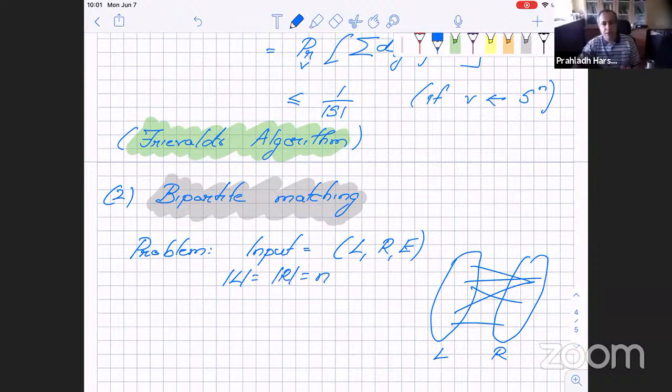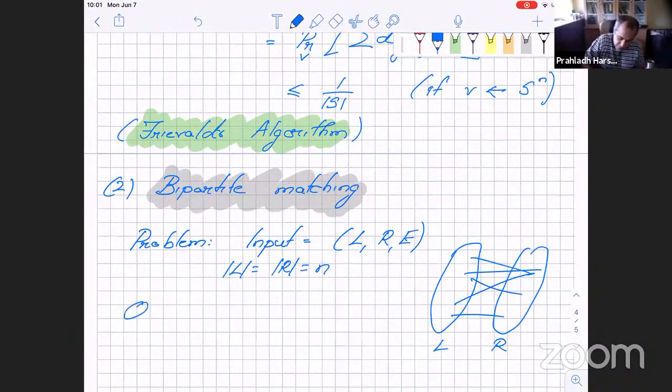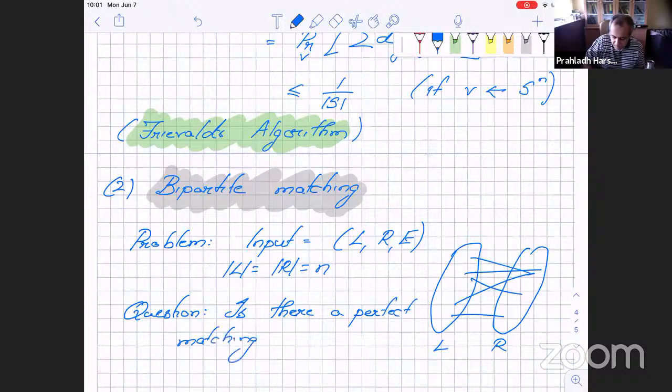What we want to ask is: is there a perfect matching in G?